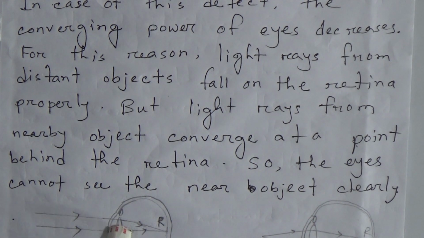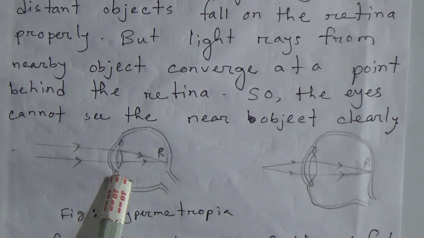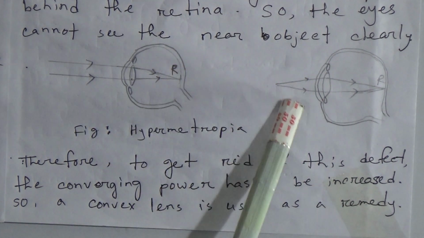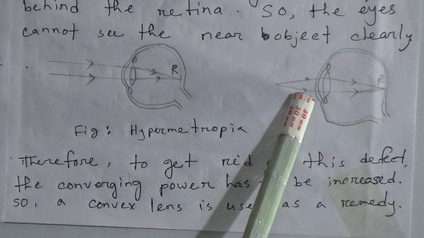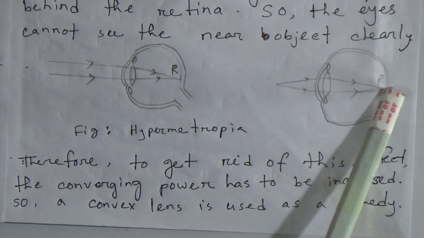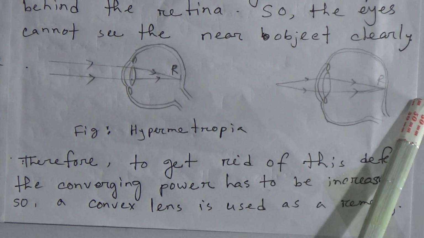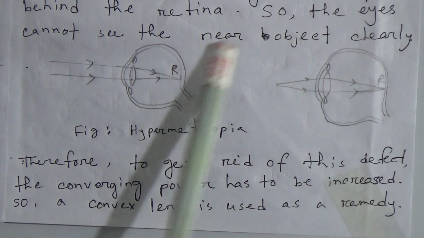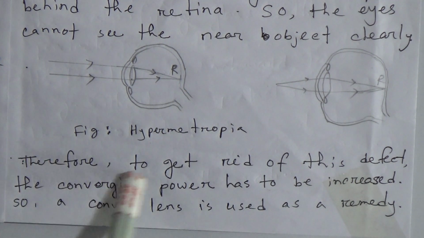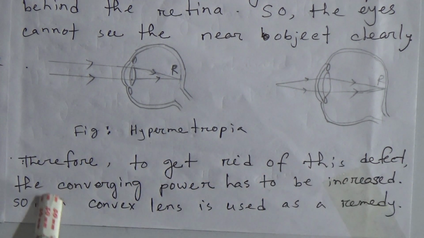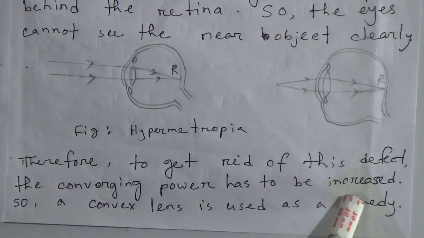Light rays coming from distant objects fall on the retina properly, but light rays from nearby objects converge at a point behind the retina, so the eyes cannot see the near object clearly, and therefore to get rid of this defect the converging power has to be increased. So a convex lens is used as a remedy.